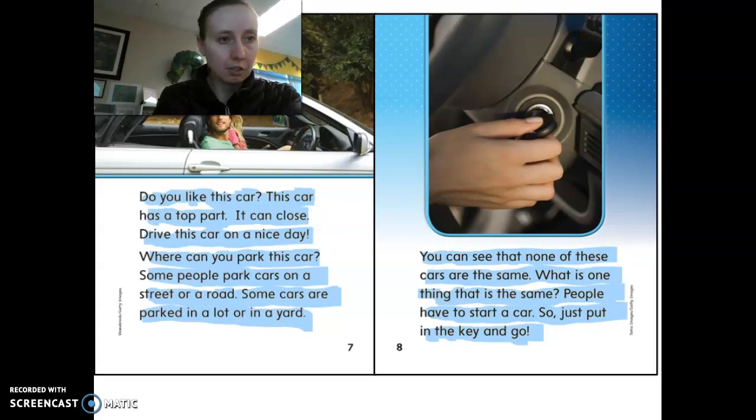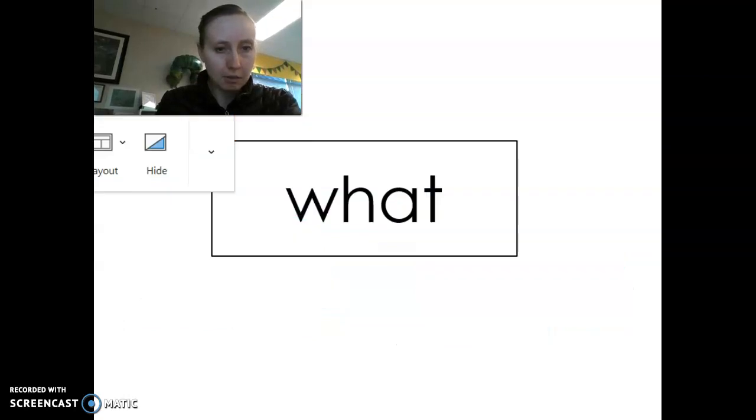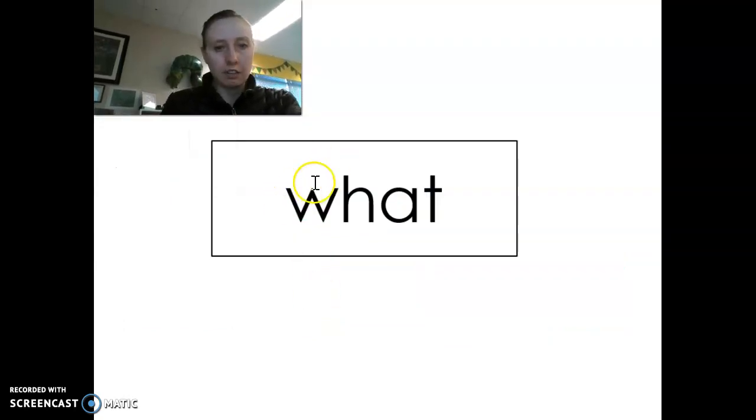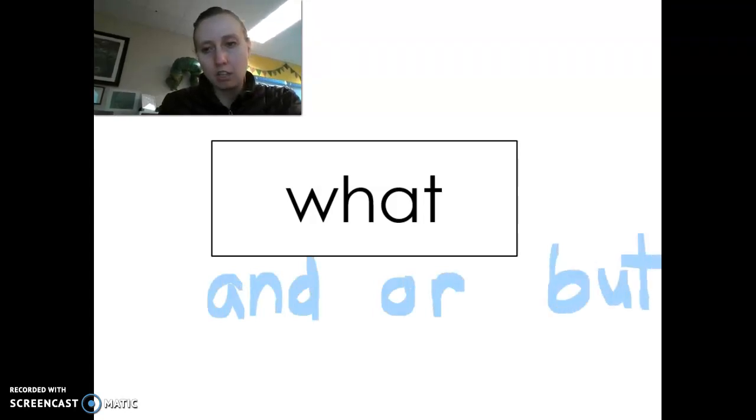I'd like to pull up a little blank page. So I'll just write around this. When we are talking about 2 sentences and joining them together, we can use and, or, and but.